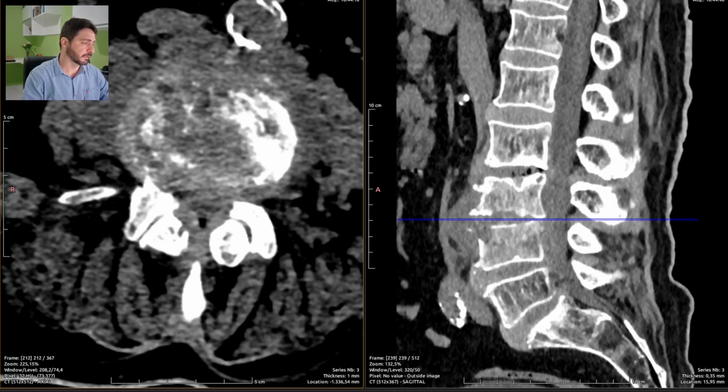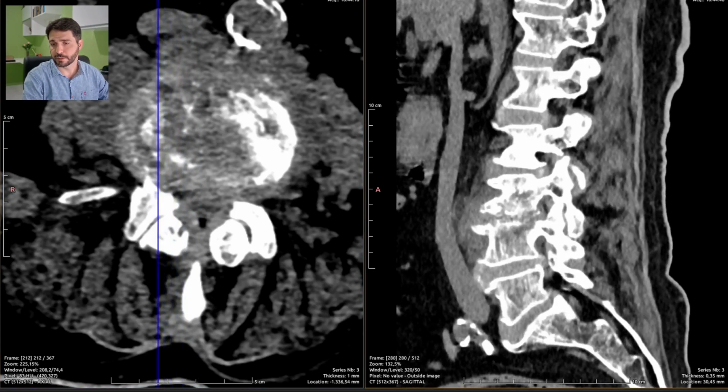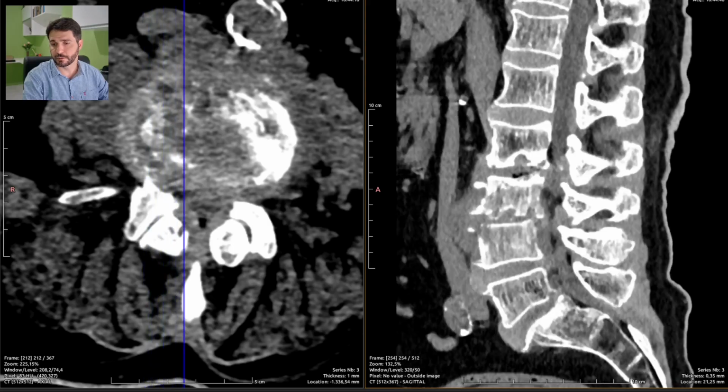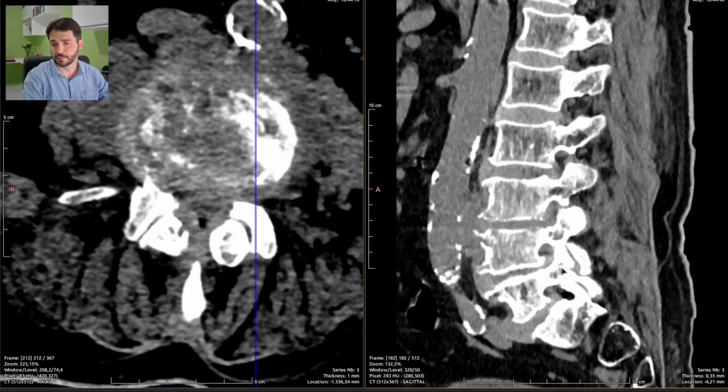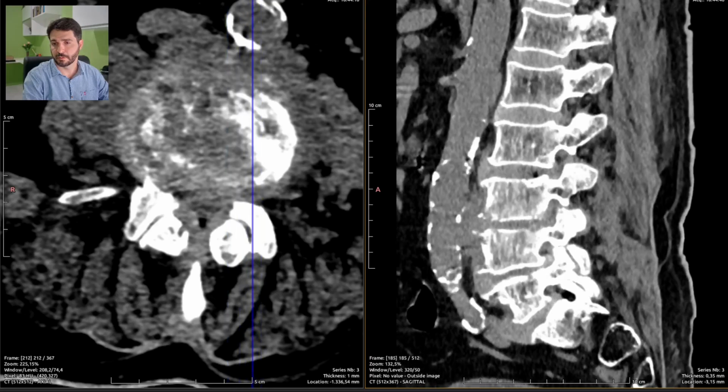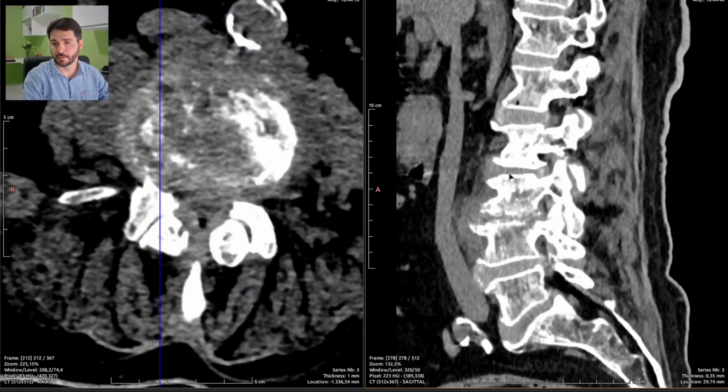And let's once again classify the stenosis of the neuroforamina. So mild, mild stenosis, moderate stenosis for sure.